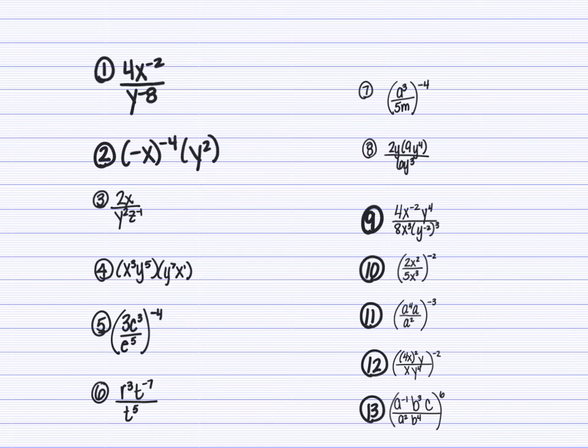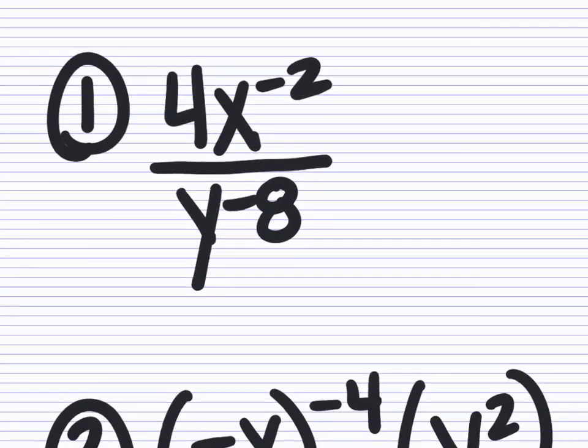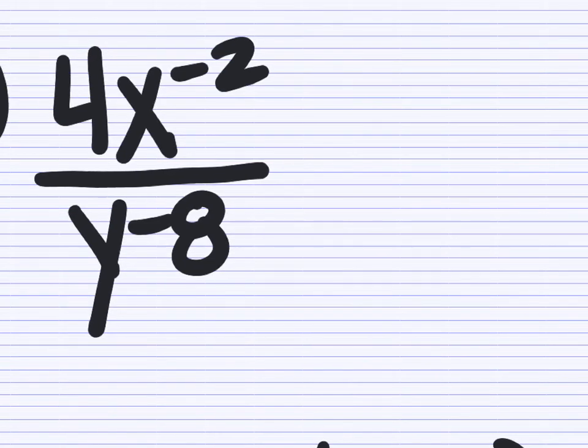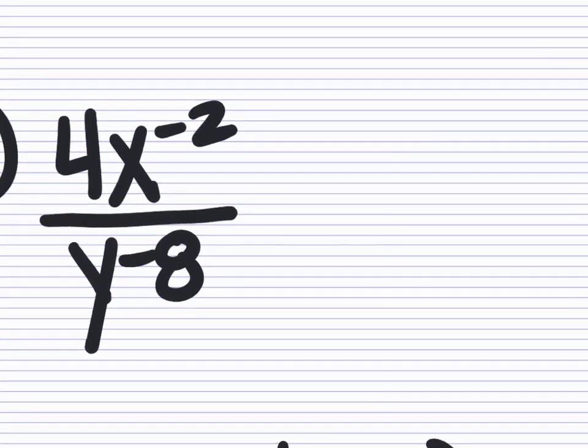So if we take a look at our first, we have number 1, we have 4x to the negative 2 over y to the negative 8. Here we need to recognize that we have two bases with negative exponents.